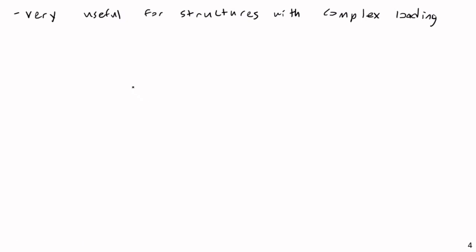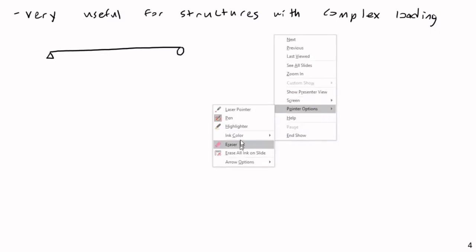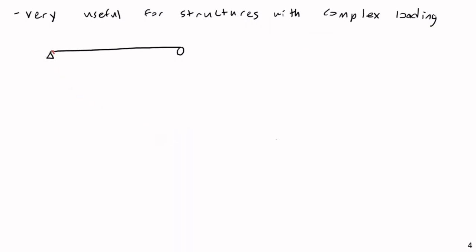So let's draw a nice, fun, really complex beam. I'll keep the geometry simple enough, but let's say it's simply supported, and let's go nuts with lots of loadings on this thing.